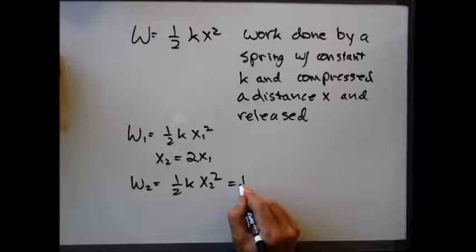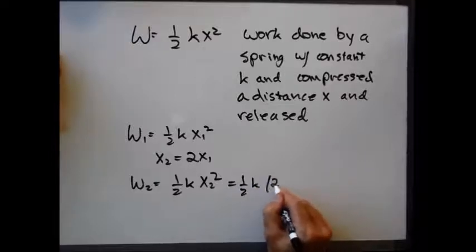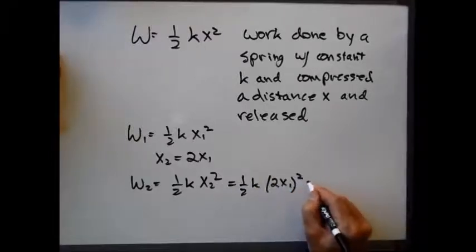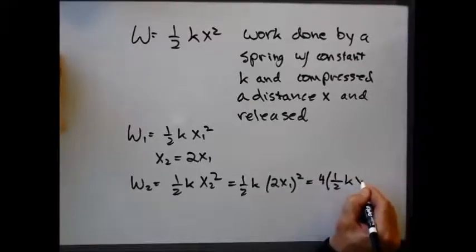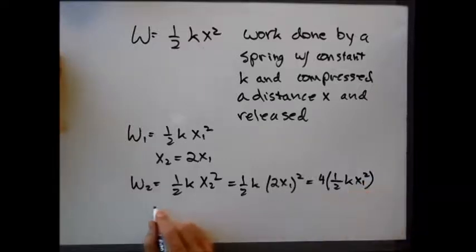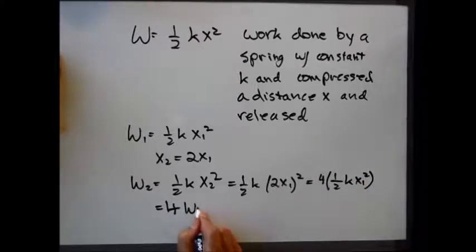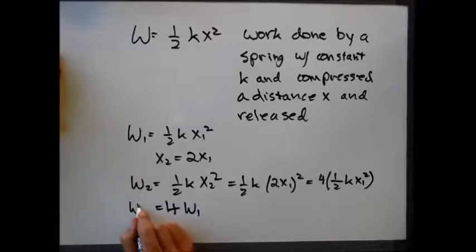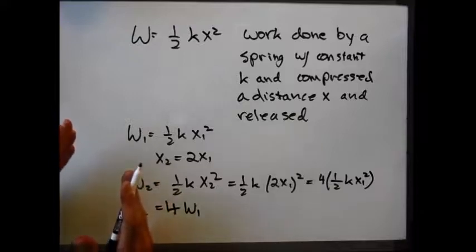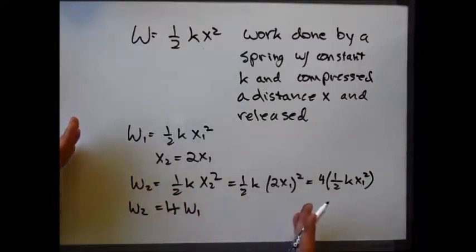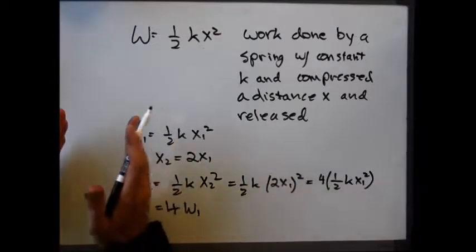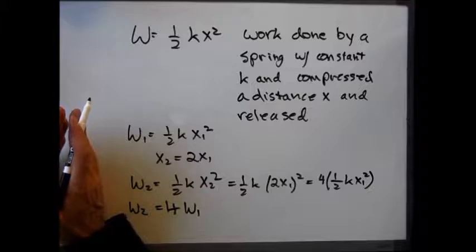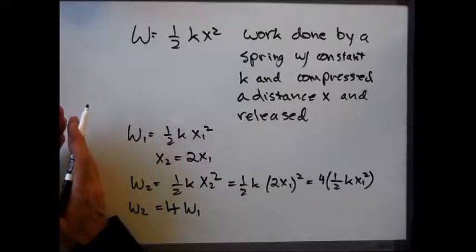But that's just 1/2 k times 2x1 squared, which is 4 times 1/2 k x1 squared, which is equal to 4 times W1. What this is saying is that if you compress a spring twice as far and release it, it does 4 times the work. And that shouldn't be too surprising because it takes a whole lot more each little extra distance you push it in to push it that additional distance.